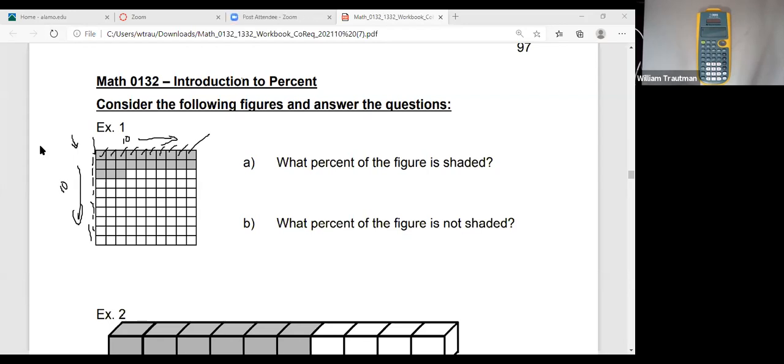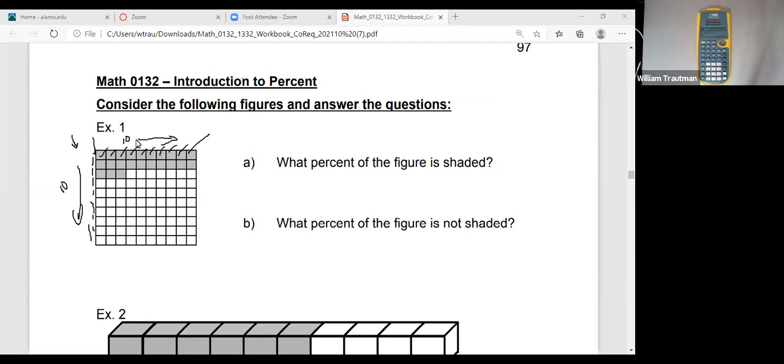If you count them all up, 10 times 10 is 100. So there are 100 squares. So we always say 100% is all of what we're talking about. So we have 100 squares, and 100% is all of something.